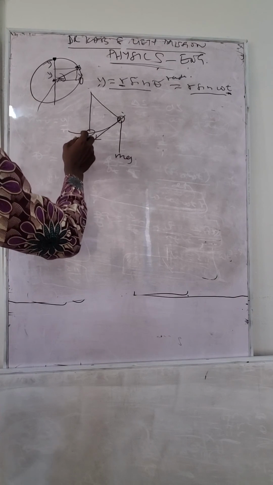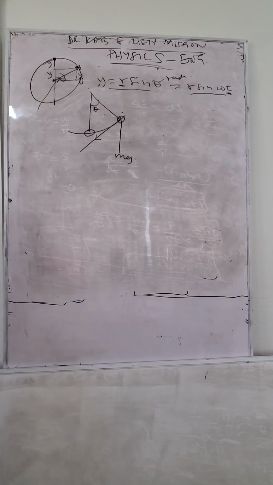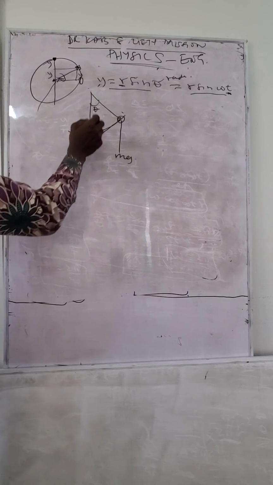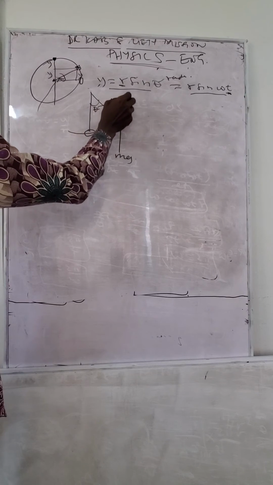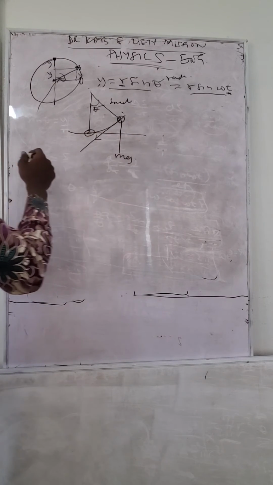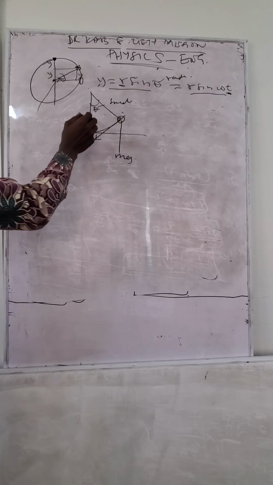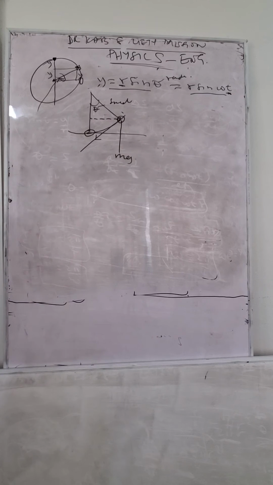This is a pendulum, it moves with a very small angle, theta. And it moves, we have a tangent there. This is another angle.